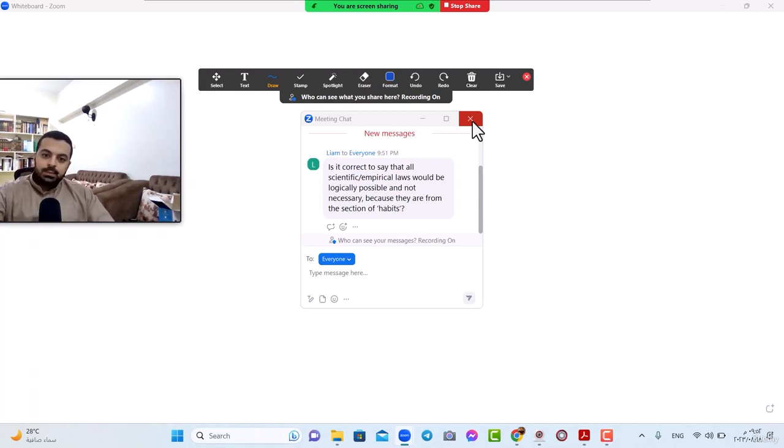So is it correct to say that all scientific empirical laws would be logically possible and not necessary because they are from the section of habits? If you are talking physically, yes. But if you are talking mathematics, no. Mathematics is one of these sciences that is always true, in some kinds of mathematics.